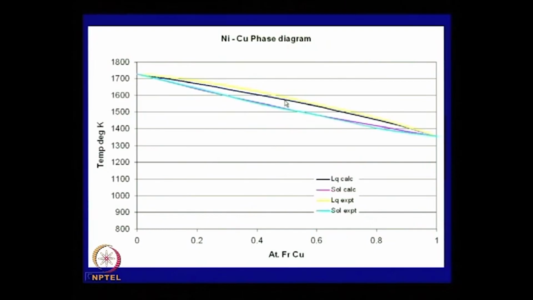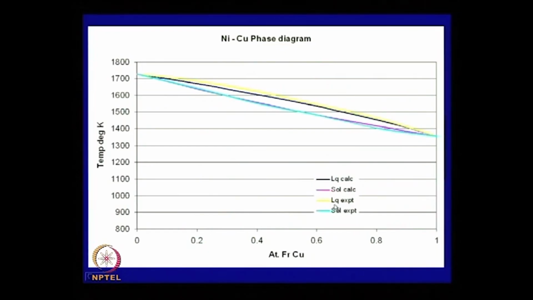This black line represents the calculated liquidus line. Similarly, this violet line represents the calculated or predicted solidus line.